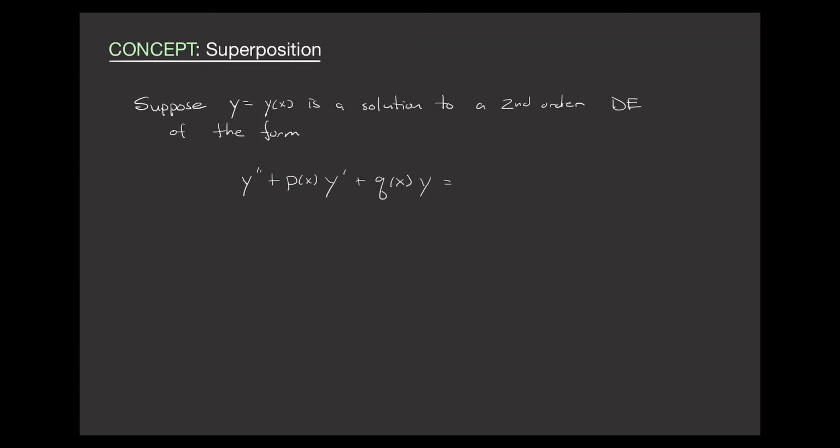But now, one caveat, we're going to let f of x be equal to 0. So if we have a solution, let's call this y1. Suppose y1 is the solution to this differential equation of the form like so. And y2 is also a solution.